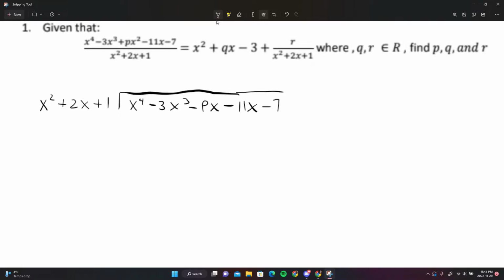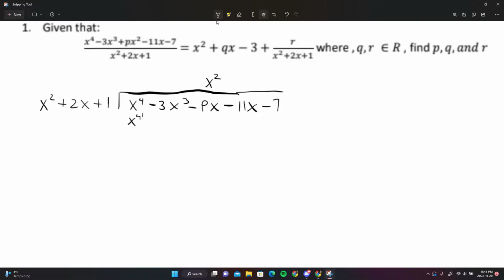As you do in long division, you want to make it so that the first term here is going to be equal to the first term here, right? So what do you multiply by x squared to get x to the 4? You multiply it by x to the 2. So we'd write that under the third term. x squared times x squared is just equal to x to the 4.